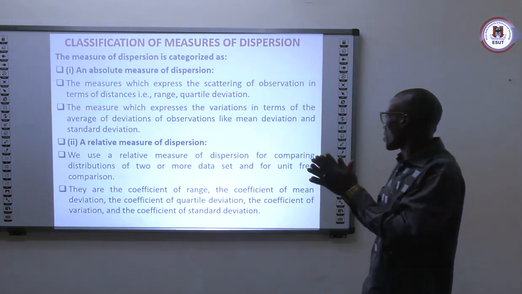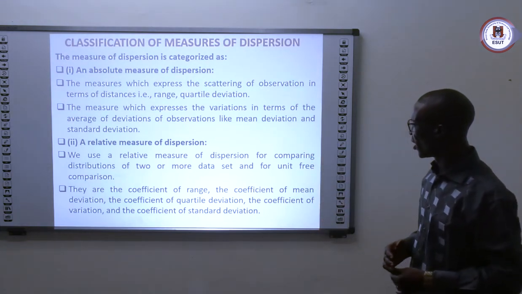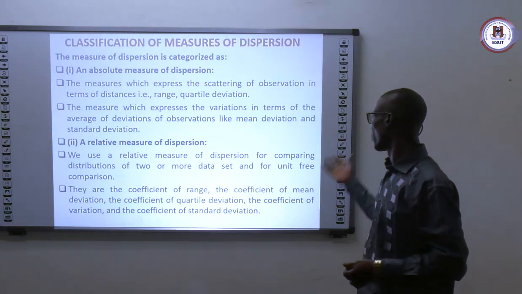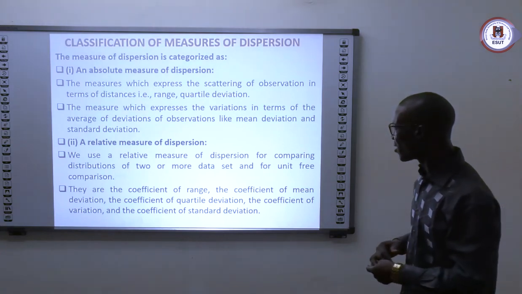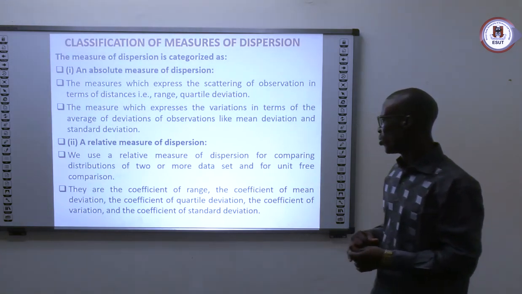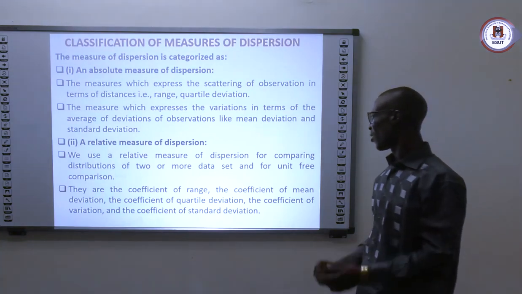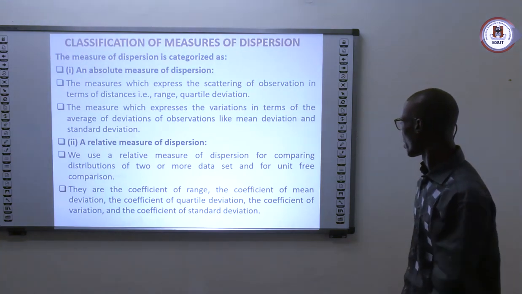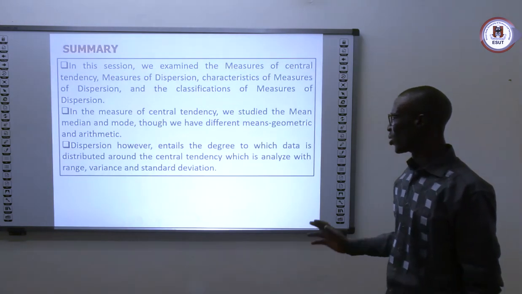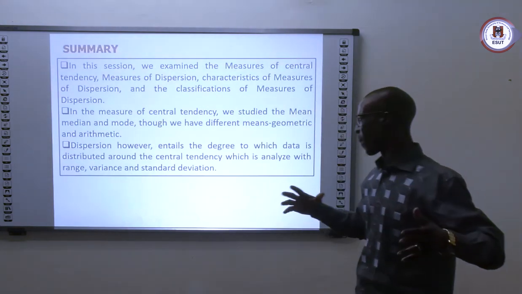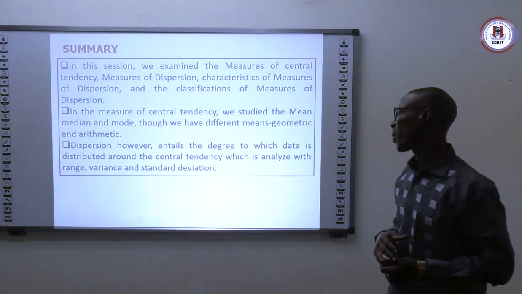It also expresses the variation in terms of the average of the deviation of observations, like the mean deviation and the standard deviation. The next is the relative measure of dispersion. We use a relative measure of dispersion for comparing distributions of two or more data sets and for unit-free comparison. So here, you compare two observations and compare their unit dispersion.